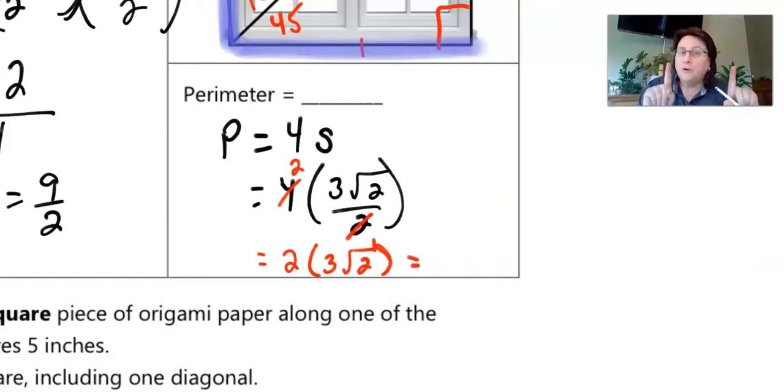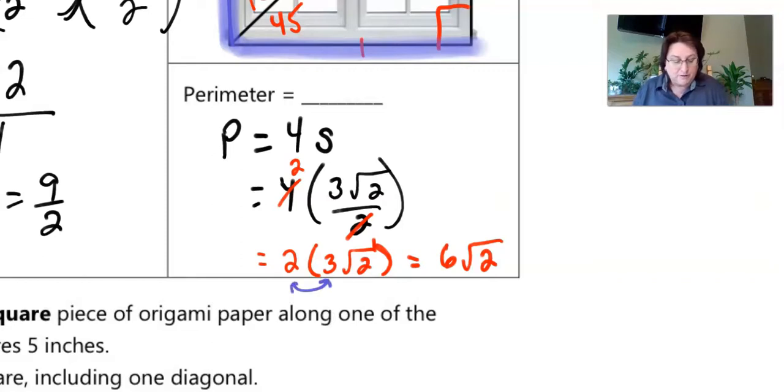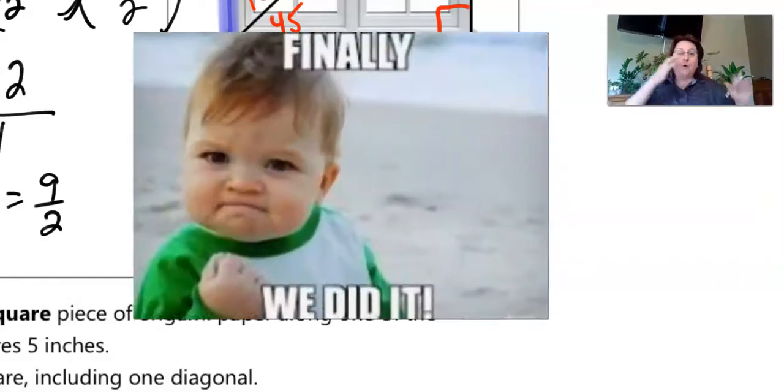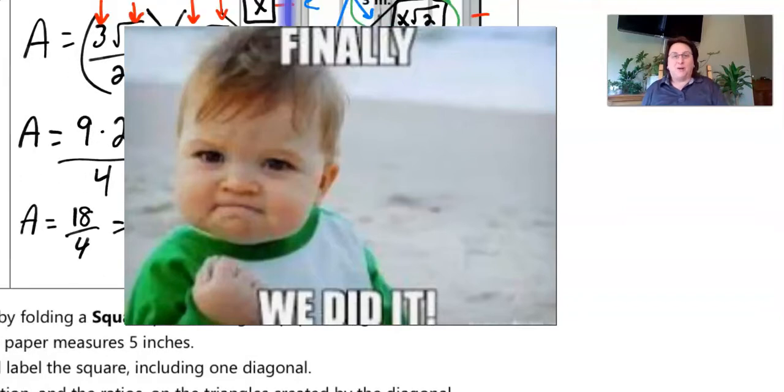Remember, whole number to whole number, radical to radical. So this ends up being 6 square root 2. There's no other radical. So the perimeter ends up being 6 square root 2 meters, and remember our units. Okay, meters. Whew! We're finally done with this problem.